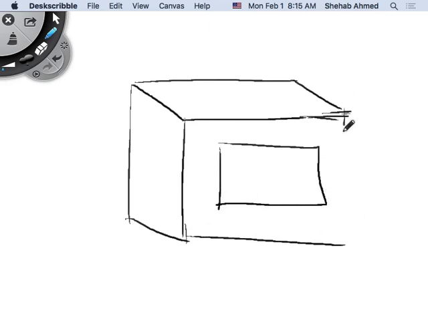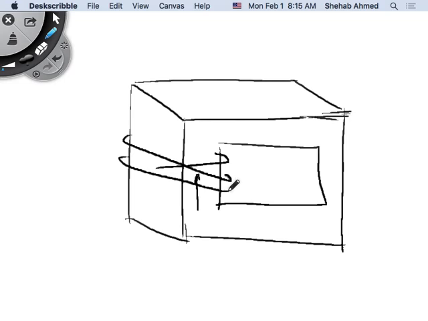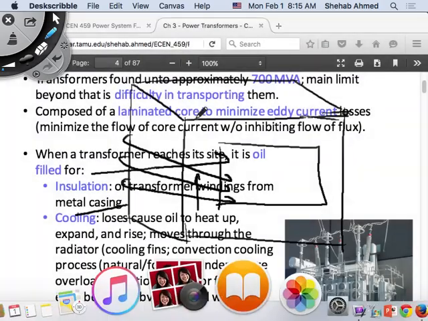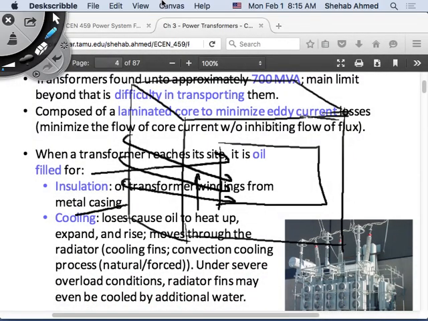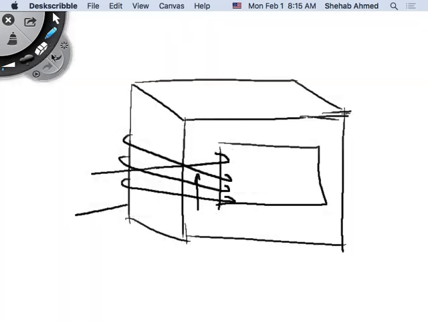So you have a transformer like this, right? You have flux moving which direction? So if you have a winding, let's say you wind it in this direction, for example, you have your source supplying voltage here.